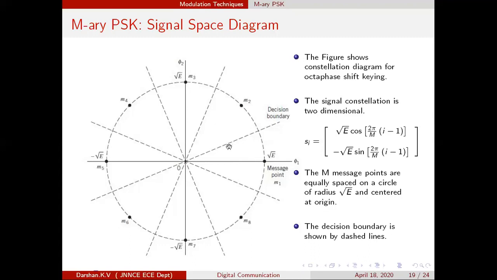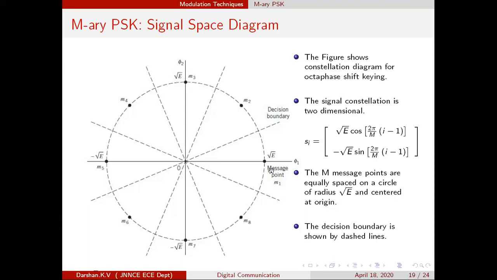So the signal to noise ratio is such that the effect of the noise is such that the received signal point will fall either in the M2 region or in the M8 region. Therefore the receiver may get confused that the transmitted signal might be M2 or it might be M8. Only two things are possible. This is how you need to derive the probability of error for that particular message.